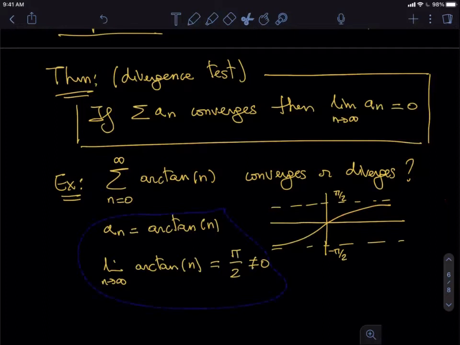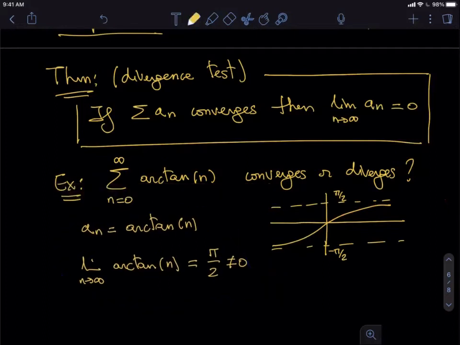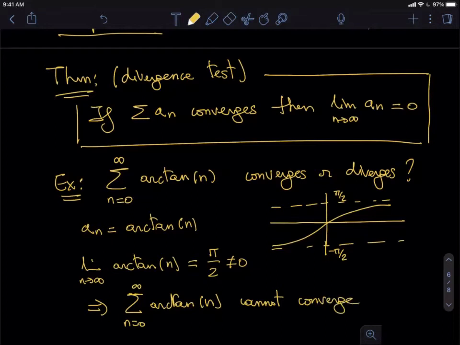And our theorem here says, when we turn around the implication, that if the limit is not 0, then the series cannot converge. So the series with the arctangent cannot converge.